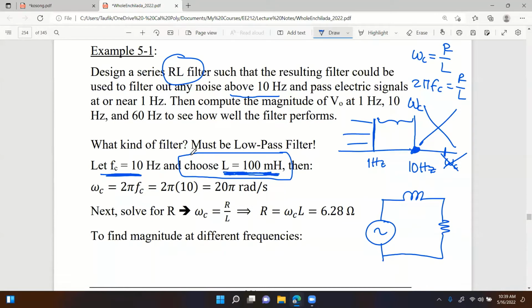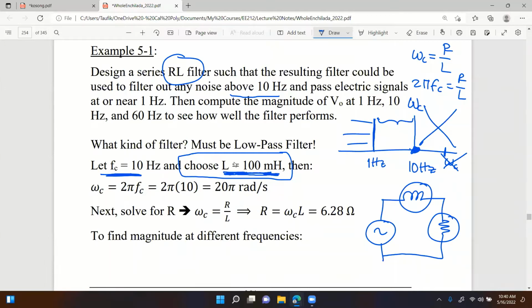Again, on paper, it doesn't matter which component you pick first. But in practice, it does matter. When you select components, you'll find out that there are a lot more selections for R than for L. There are not as many commercially available L that you could purchase.